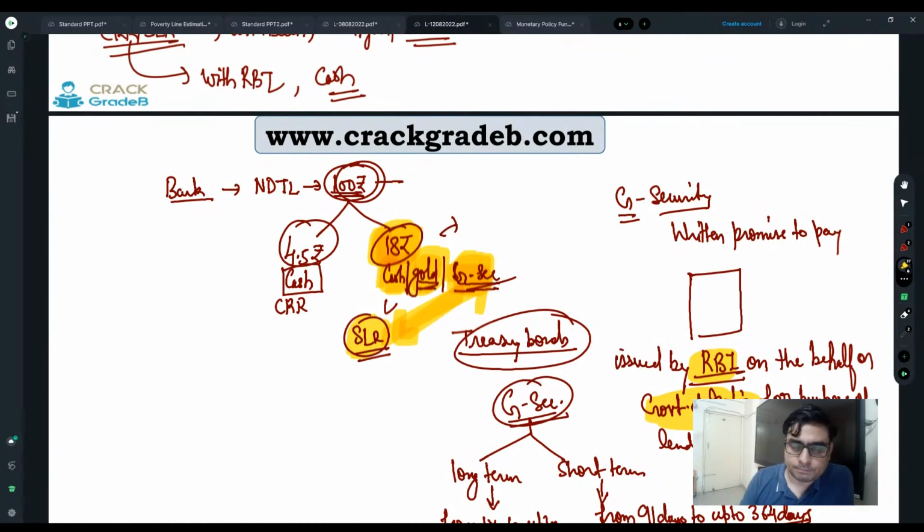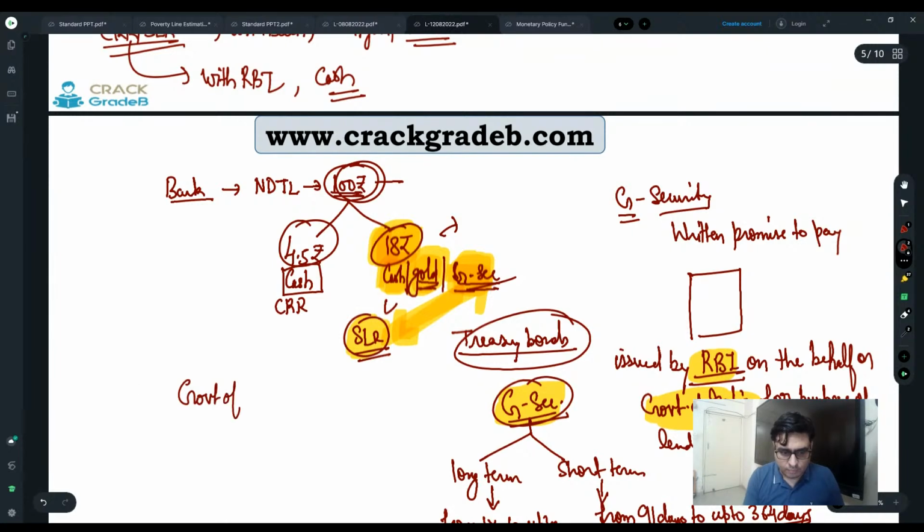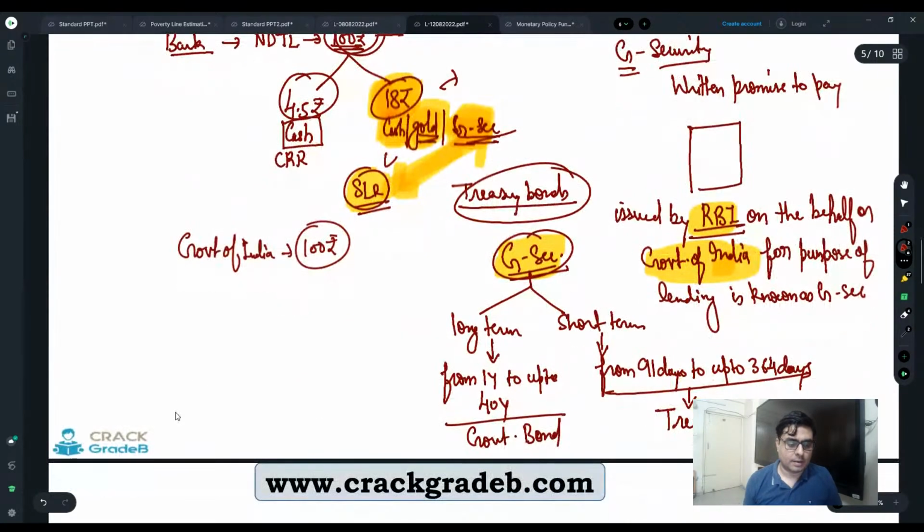So banks will line up to get government securities, right? Understand it in this manner. Suppose the Government of India needs 100 rupees, and for that the Government of India tells the Reserve Bank of India that we need 100 rupees, please provide that.